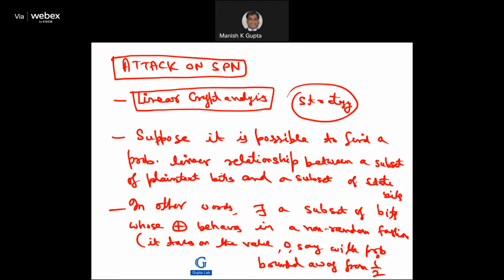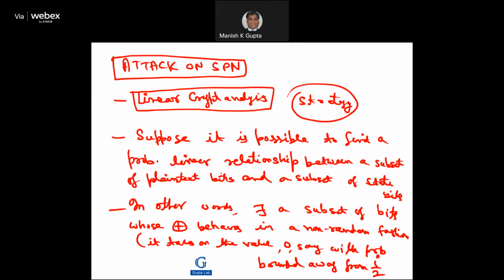Now, again, I'm recalling what the attack process was. We talked about bias, if you remember. So we treat each of these bits as a random variable. In our linear cryptanalysis attack, what we are looking at is, suppose it is possible to find a probabilistic, linear relationship between a subset of plain text bits and a subset of state bits.